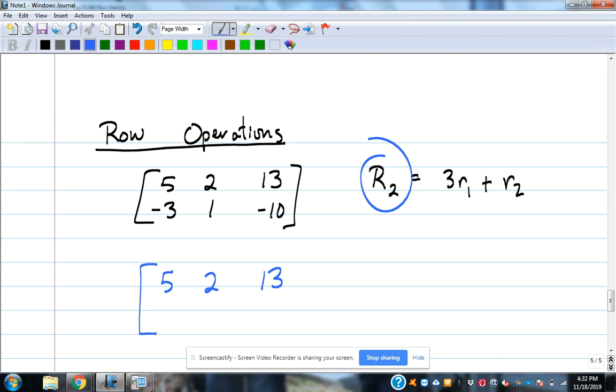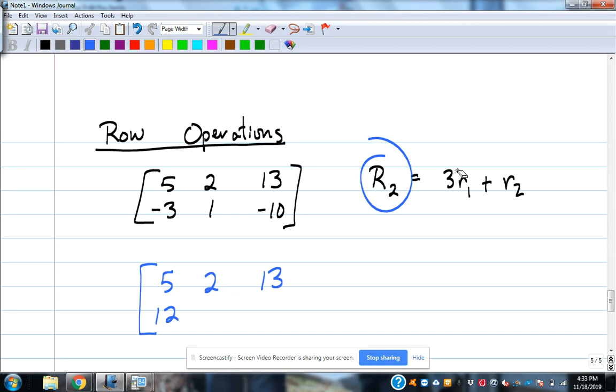The instructions are, say, 3 times row 1 and add it to row 2. So what you're going to do is take 3 and multiply it times the things in row 1 and add it to the corresponding thing in row 2. So 3 times 5 is 15 plus negative 3, that'd be 12.